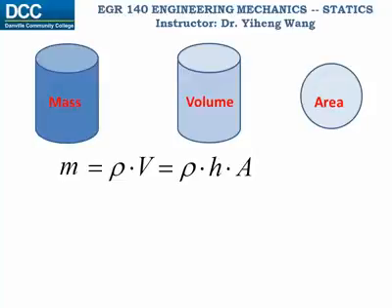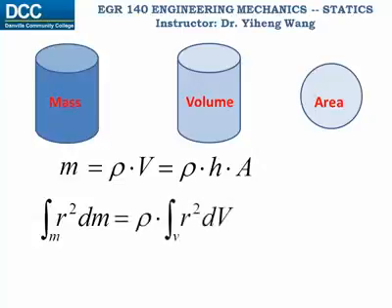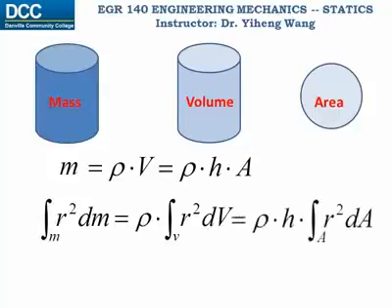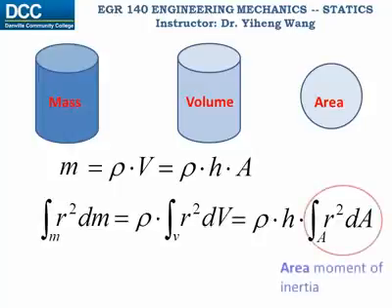Similarly, if the object has a mass moment of inertia calculated about a specified axis, because dm equals density ρ times the differential volume dV, then this can be written as constant ρ times the integration of r squared dV throughout the volume of the object. And again, for constant height h, we can pull this constant outside the integration sign and get this, which is the area moment of inertia.